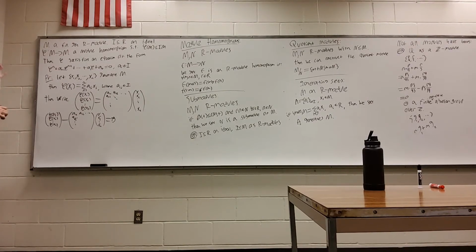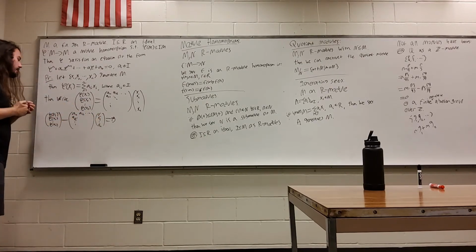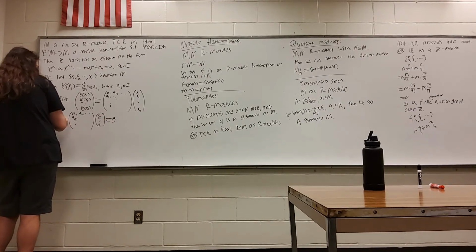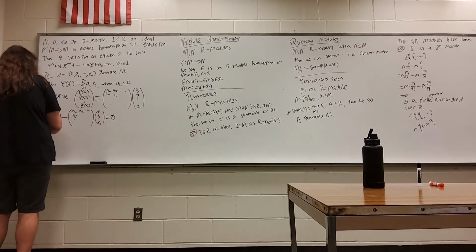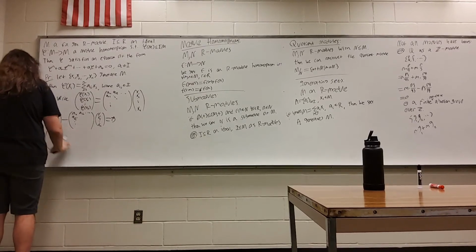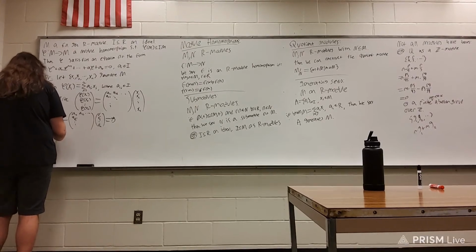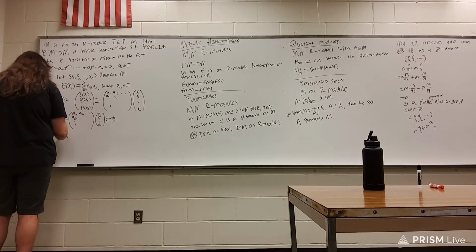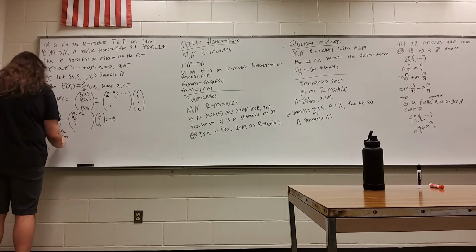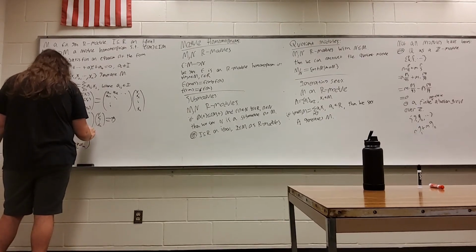Now I want to write this as just one matrix times just one thing. I will just write down what it is, and then I can justify why it makes sense. We'll have phi minus the matrix, and then right there times this.